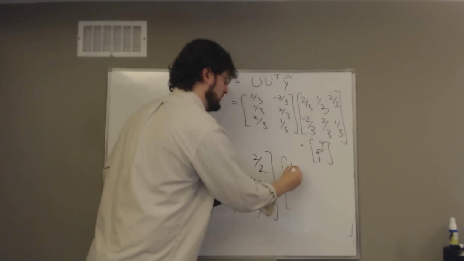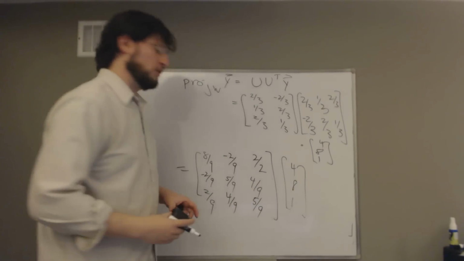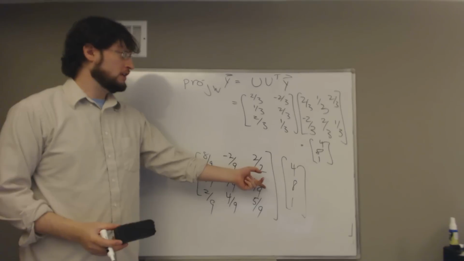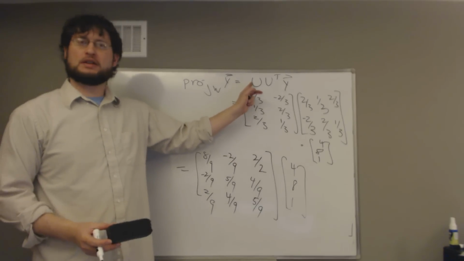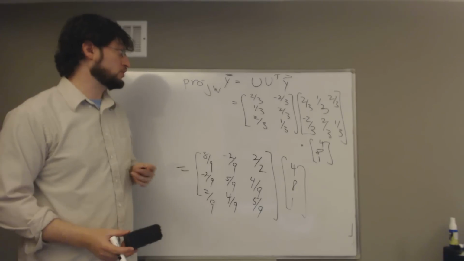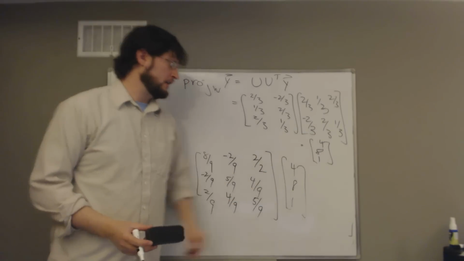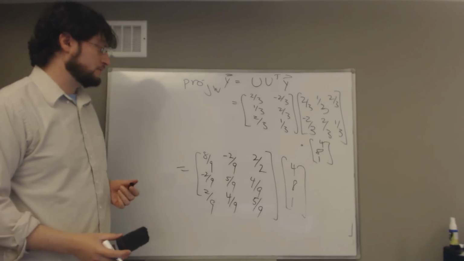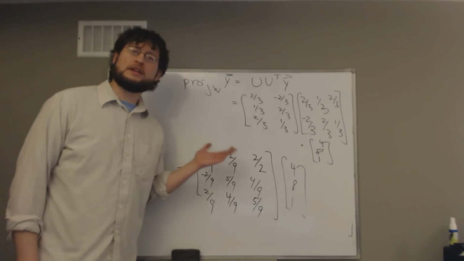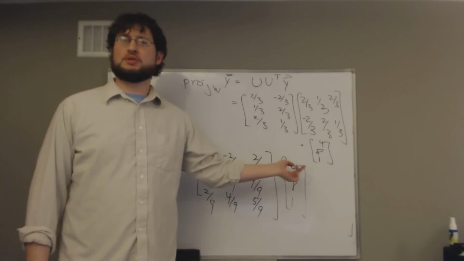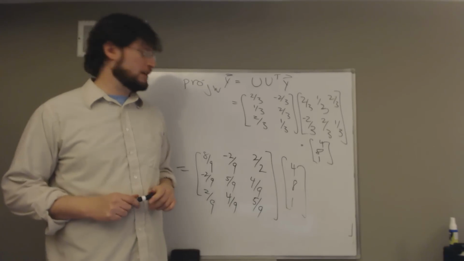We need to multiply by y, which is 4, 8, 1. Again, notice that the dimensions make sense. Now I have a 3 by 3 matrix, which we got by multiplying U and U transpose, and then we just have to multiply by y. I'm not going to finish this up, but it's just a matter of matrix times a vector, which you can do by hand or with your calculator.